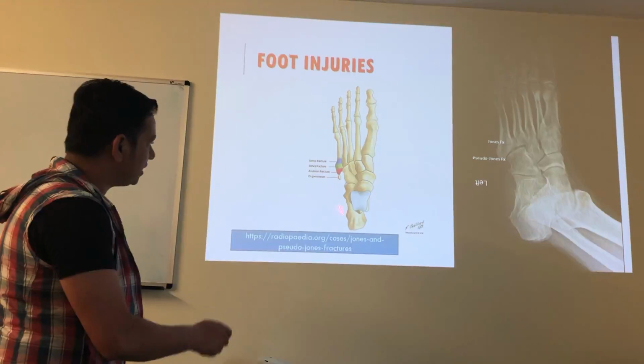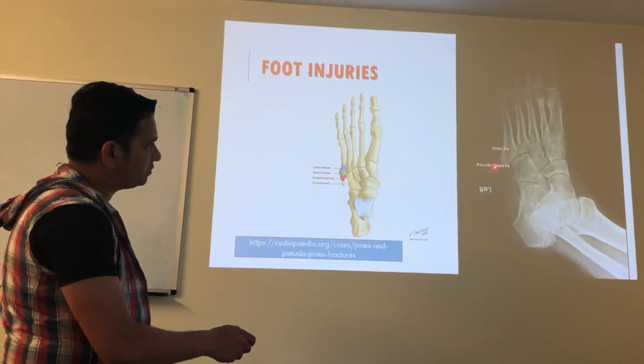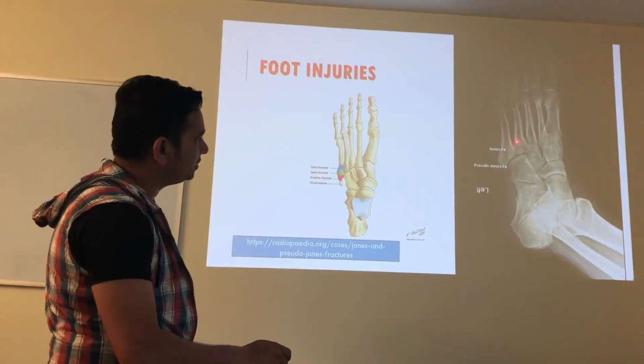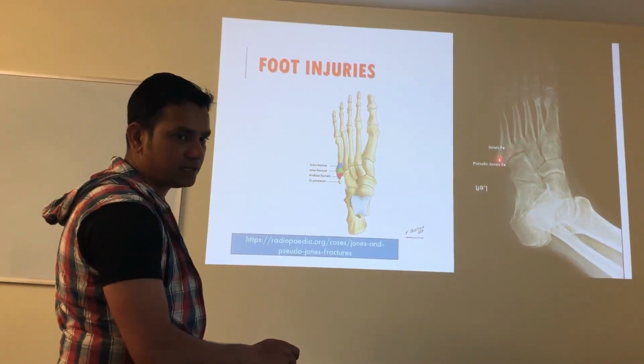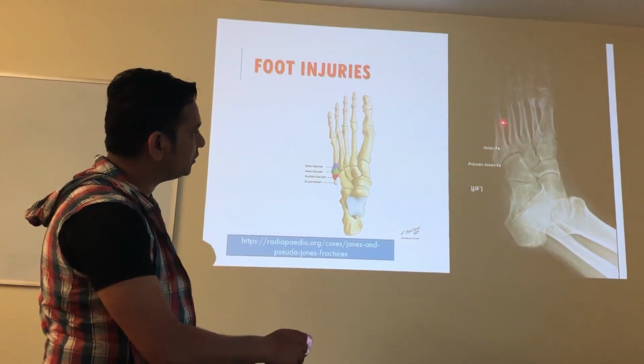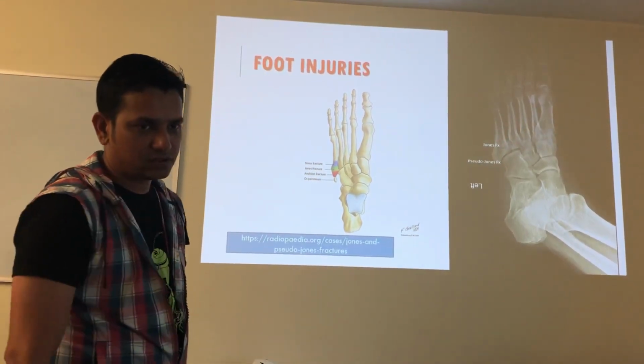So when it avulses, there is a chip fracture over here called pseudo-Jones. When there is a fracture at the level of the syndesmosis, it's called a Jones fracture. And anything beyond that is the stress fracture or shaft fracture.